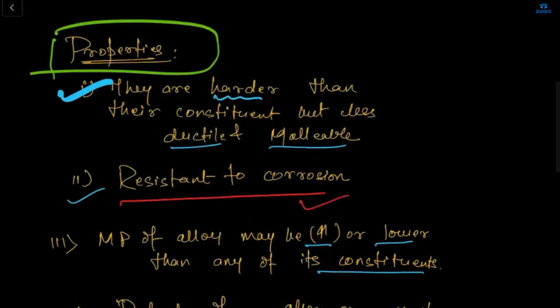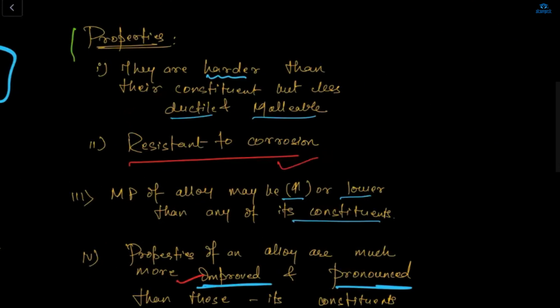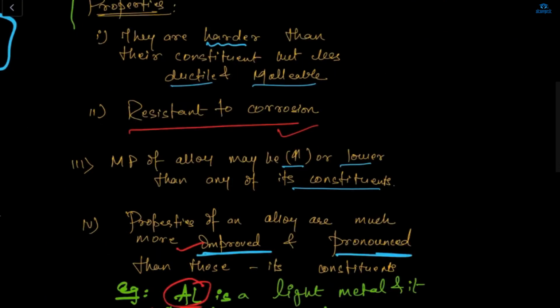Now, what are the properties? They are harder than their constituents but less ductile and malleable. Iron, which is resistant, means if we prevent it, it will be resistant to corrosion. The melting point of an alloy may be higher or lower than any of its constituents.